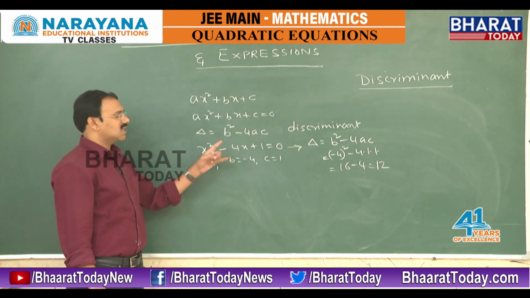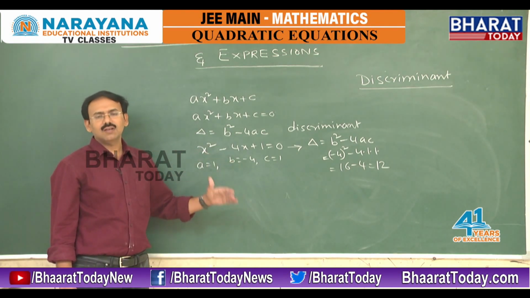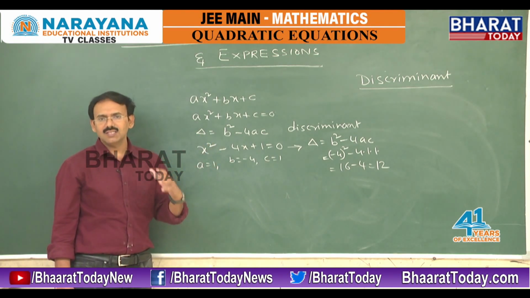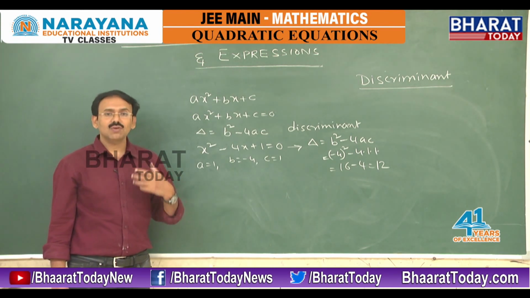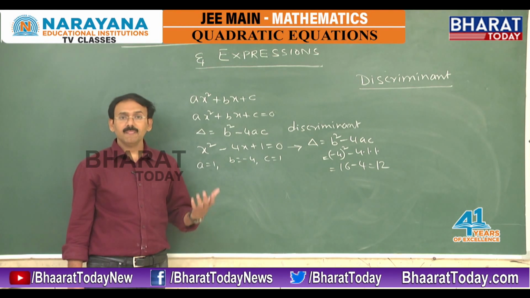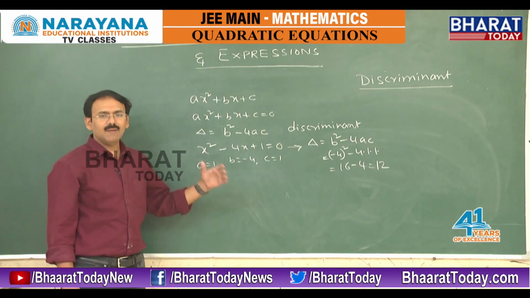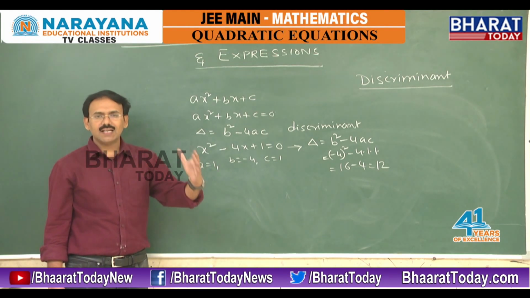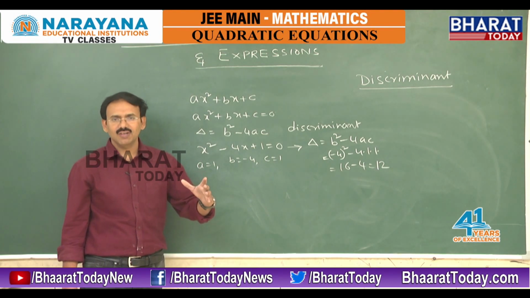So 12 is the discriminant of this equation. So for every quadratic equation we can find the number called discriminant, b² − 4ac, which is going to help us in commenting on the nature of roots. So with the help of this, let us enter the actual subtopic, the nature of roots of a quadratic equation.